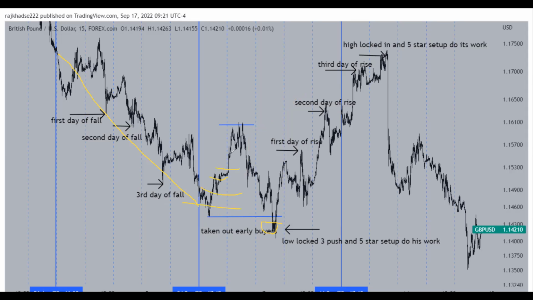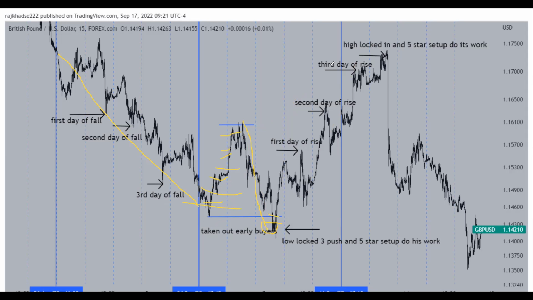Those who are buying from here, those swing traders who are buying from here, market again came down, and their SL would be here. Market came down, took their SL, and then goes to the 3 days rise setup.